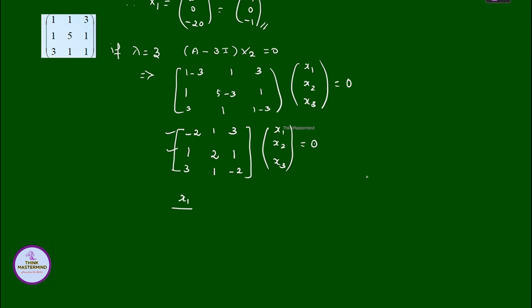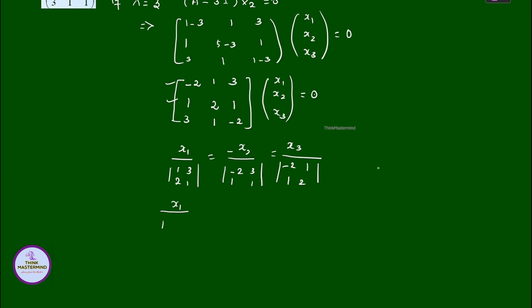Therefore, x1 is, leaving the x1 coefficient, the determinant value of 1, 3, 2, 1, minus x2, the determinant value of minus 2, 3, 1, 1, and x3 is minus 2, 1, 1, 2. Therefore, x1 is 1 minus 6, equal to minus x2 is minus 2 minus 3, equal to x3 is minus 4 minus 1.